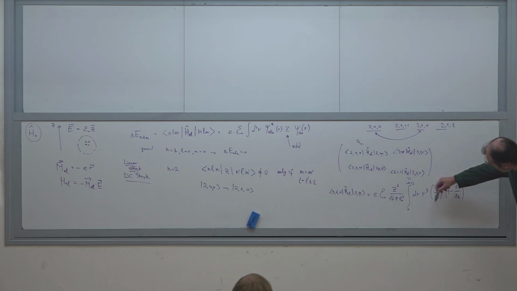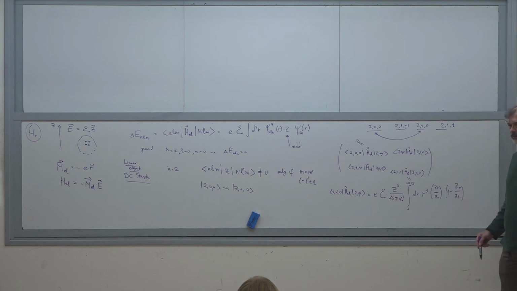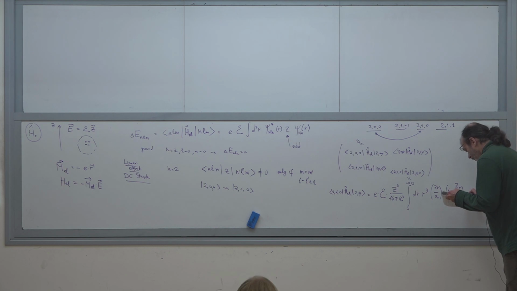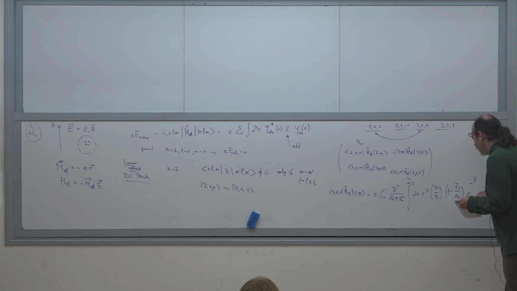This is the part of the 2,0,0 wave function. This part is the 2,1,0 wave function. This also has to be multiplied by the exponent, of course, of minus Z. Again, all Z's here are atomic number and not the coordinate.